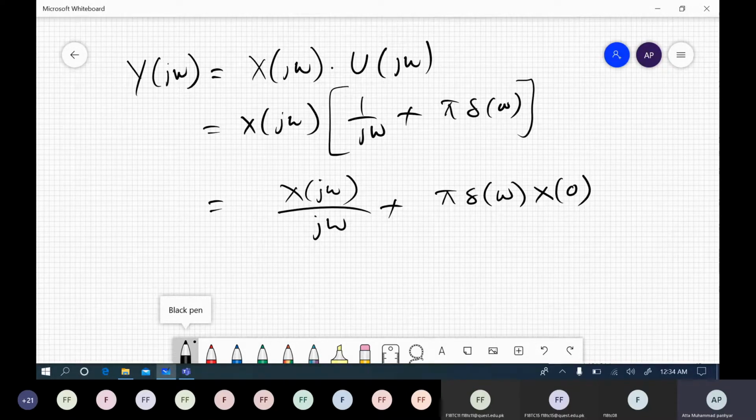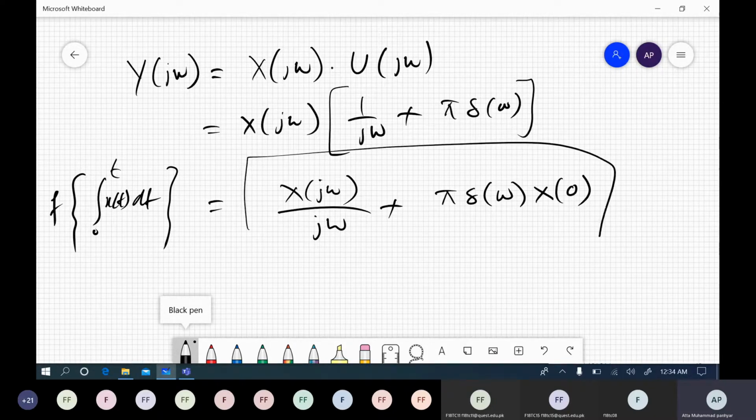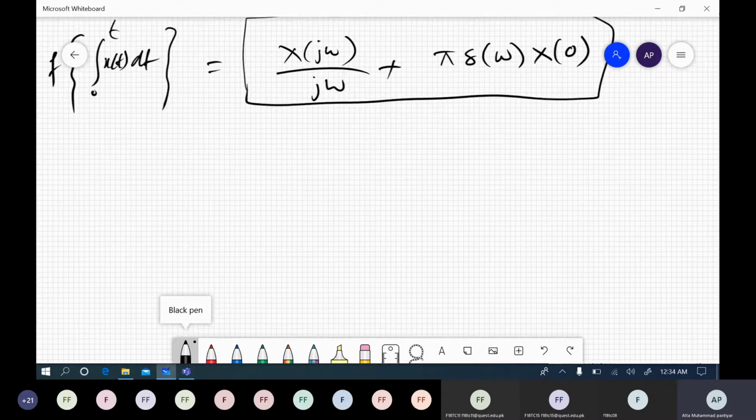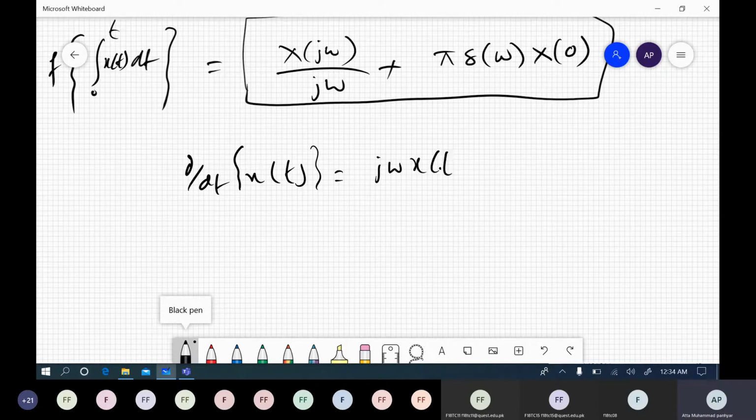So this is the Fourier transform of the integral from 0 to t of x of t dt, right? Now why have I done this rigorous, laborious work? Because if you remember, the Fourier transform of d by dt of x of t was j omega X of j omega.